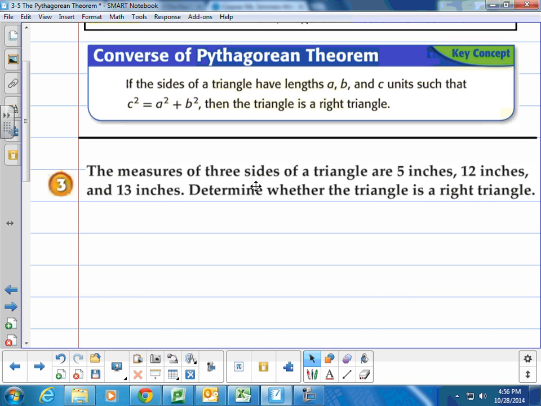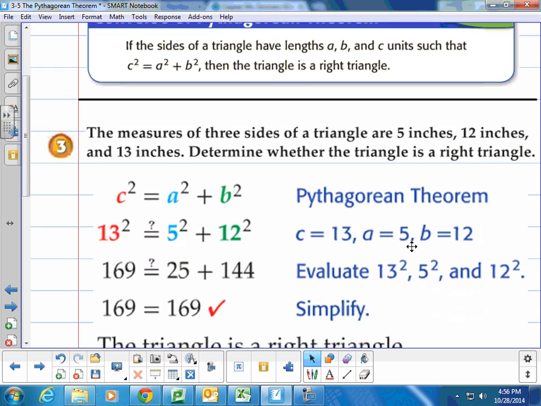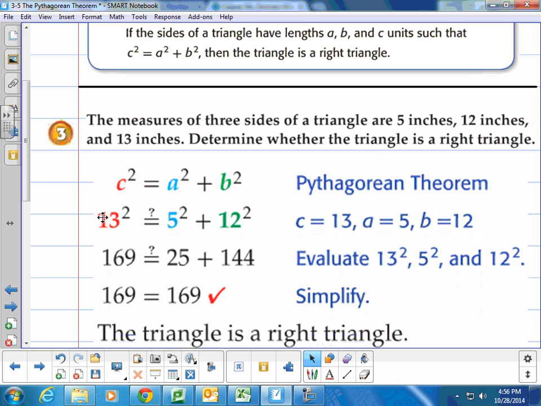So here, we're going to determine if the three sides of a triangle that are 5 inches, 12 inches, and 13 inches make a right triangle. So I write down my formula, my Pythagorean theorem. I plug in what I'm given. I knew 13 was C because it's the longest one. So the longest length you're given, you plug in for C because the hypotenuse should be the longest side. Then I plug in A and B, respectively 5 and 12.